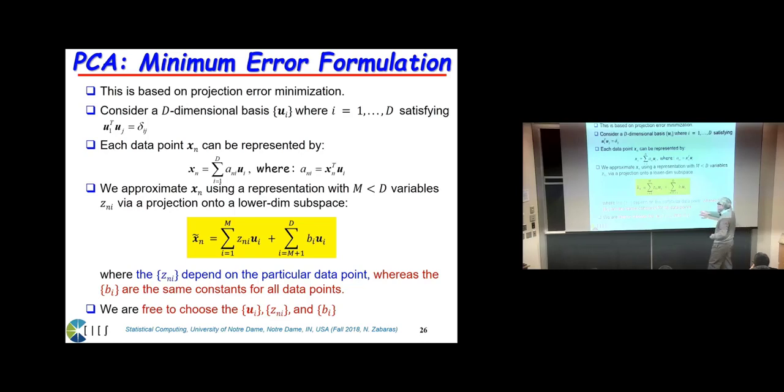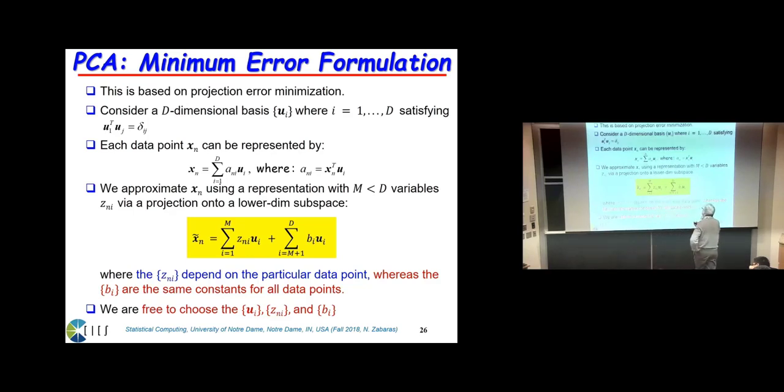But think of it as an approximation plus some correction term, which does not depend on n, and which involves the vectors in the subspace that is orthogonal to the one we project on. If you're projecting on this plane, these are the vectors on this plane, and this is a vector vertical to this plane.